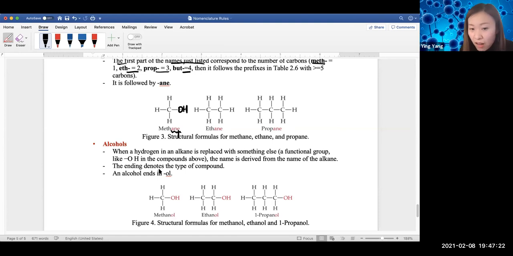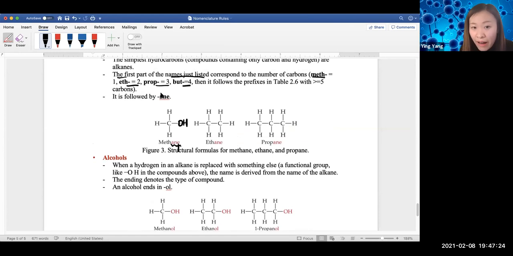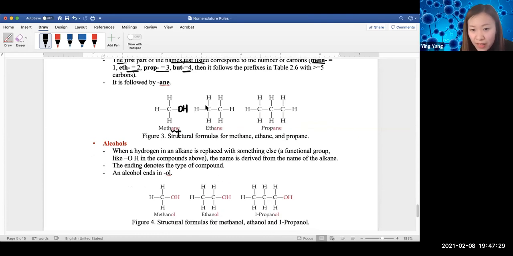So all alcohols end in OL and all alkanes end in A and E. And the same thing here, we change this hydrogen to OH, and then we have ethanol. And from propane, because it has 3 carbons, we change the hydrogen at the end to OH, then we get propanol. Just change the ending from E to OL, propanol.